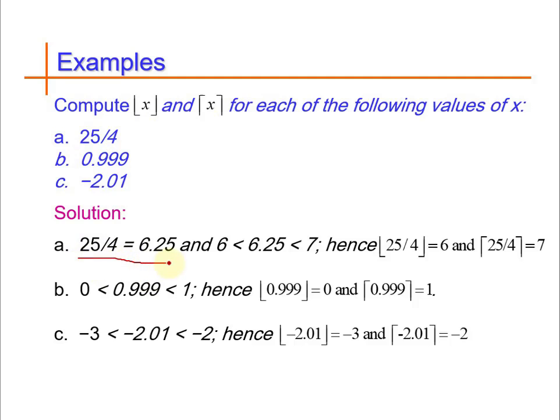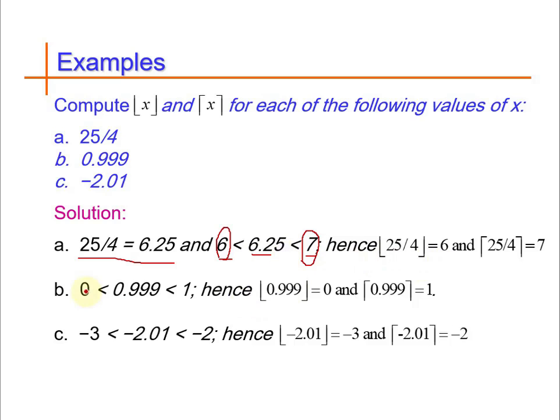After dividing, we get 6.25, and 6.25 lies between 6 and 7. So for the floor function, we get the value 6, and for the ceiling function, we get the value 7. So floor is the greatest integer which is less than this number, and ceiling is the smallest integer which is greater than this number.